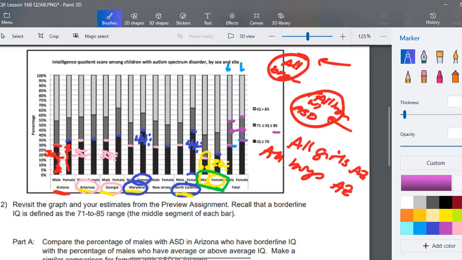So for the IQ from 71 to 85, they are about the same. When we move to the top bar, the IQ greater than 85, there is a higher percentage here. Males have a larger bar, so males are more likely to have a higher percentage in this category.